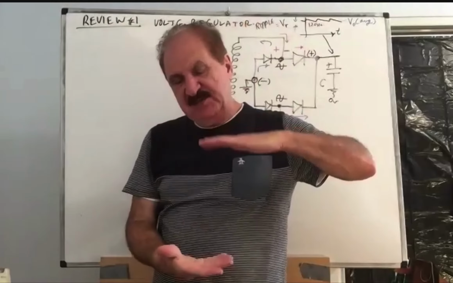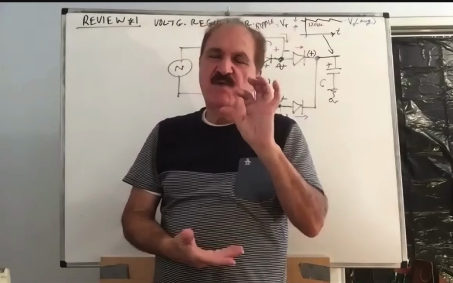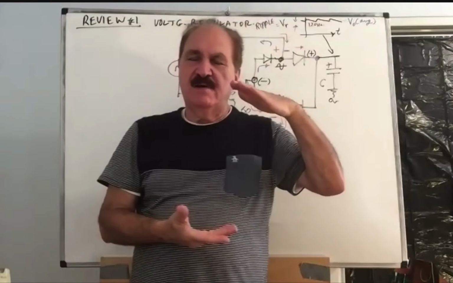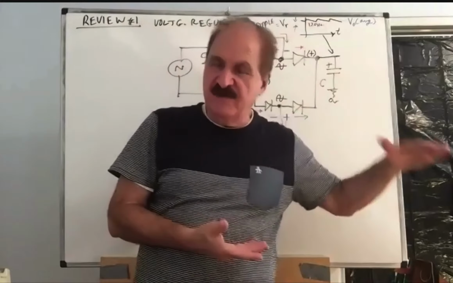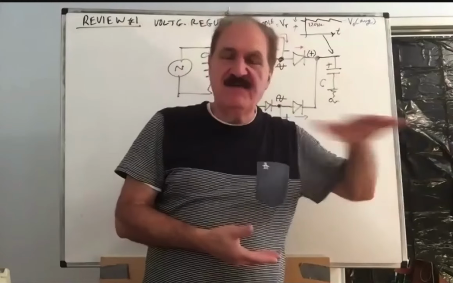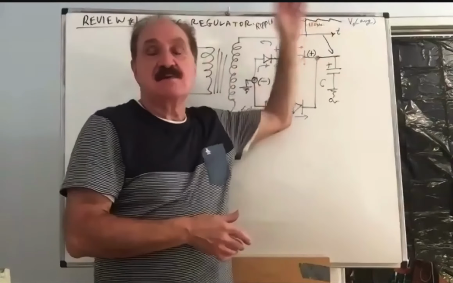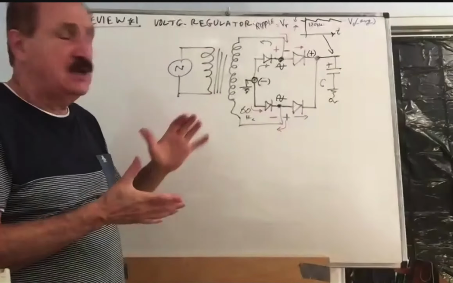So if you have 10 volts DC on average across the capacitor, your ripple can be 1 volt peak to peak. So it can go to 10.5, sink to 9.5, back to 10.5, 9.5, leaving a mean value of approximately 10 volts. So the percentage of ripple should be small.